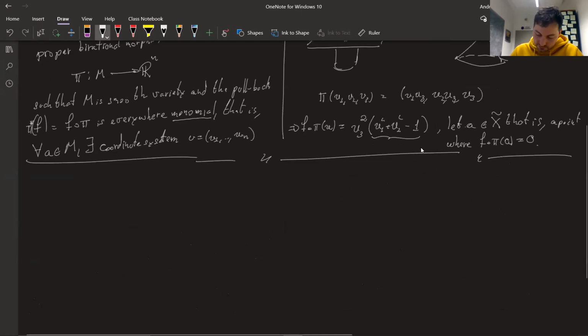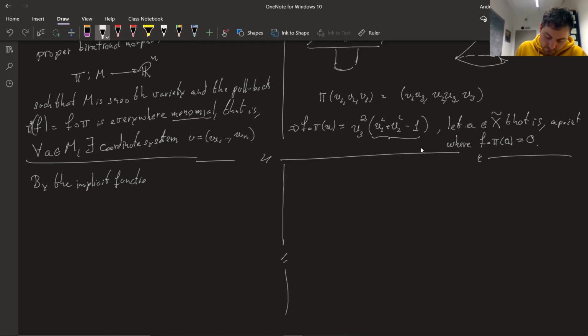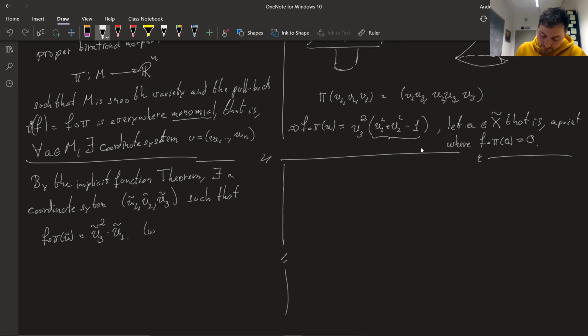So in other words, by the implicit function theorem, there exists a coordinate system U tilde 1, U tilde 2, U tilde 3, such that F composed with pi U tilde is simply given by U tilde 3 to the square times U tilde 1, where U tilde 1 is equal to U1 square plus U2 square minus 1.